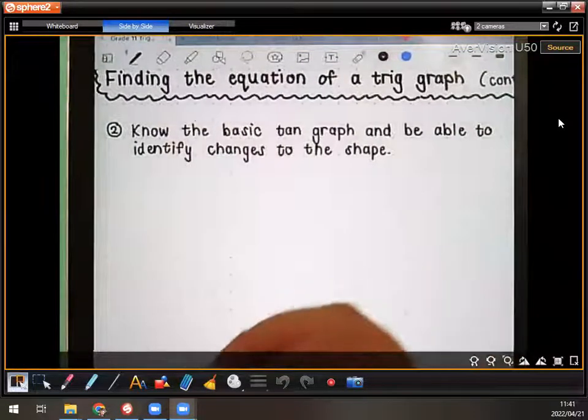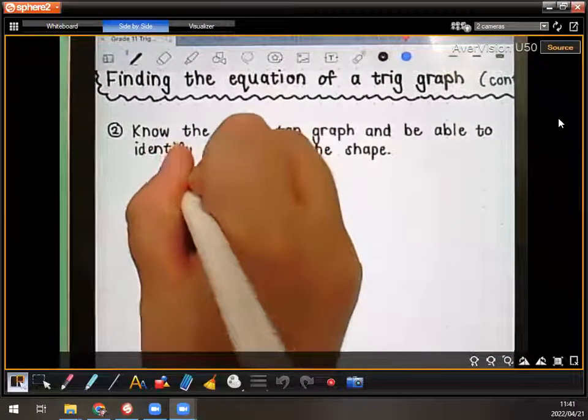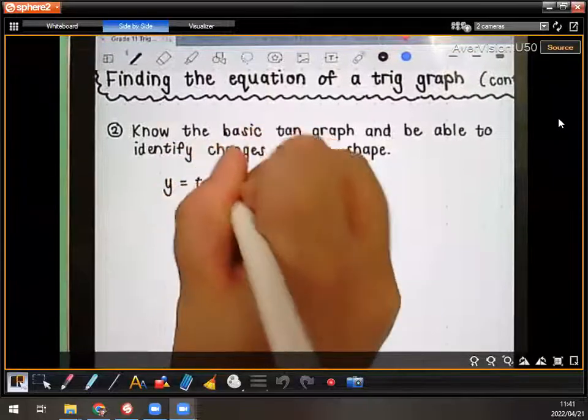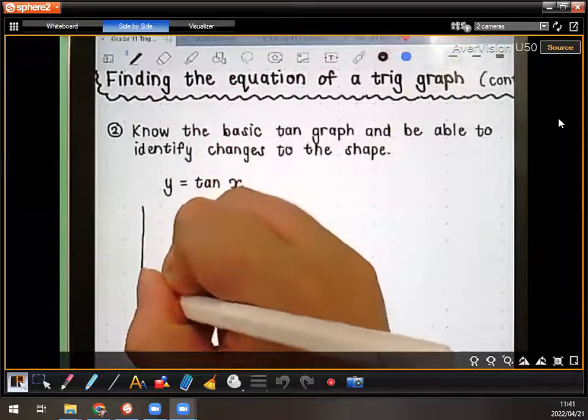So guys, like we did for sine and cos, I'm just going to draw the basic tan graph. This equation is y equals tan x. And I'm just going to draw it from 0 to 180.